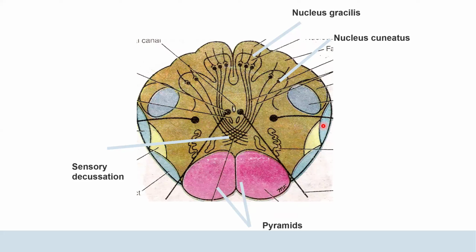We also said that we would have the motor nuclei located more anteriorly, while the sensory nuclei would be located more posteriorly. Given that information, what do you guys think this might be? And remember, we're taking a section from the lower medulla, okay? And remember all the nuclei that I was telling you guys about and how I taught them to you. So this is something that is very lateral and it is posterior.